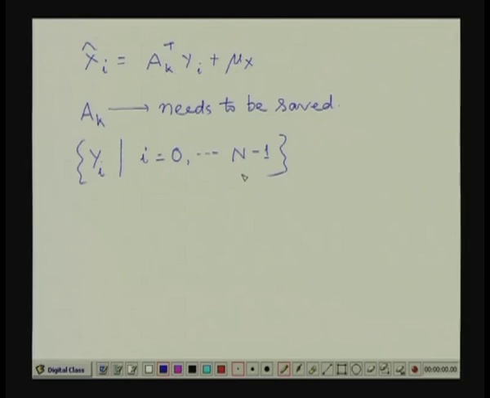If we save these two quantities, A_k and the set of transformed vectors y_i, then from these two quantities we can reconstruct an approximate original image given by the vectors x_i hat.